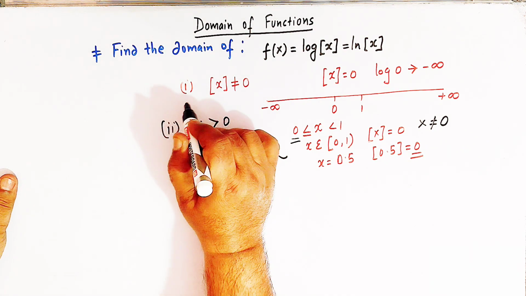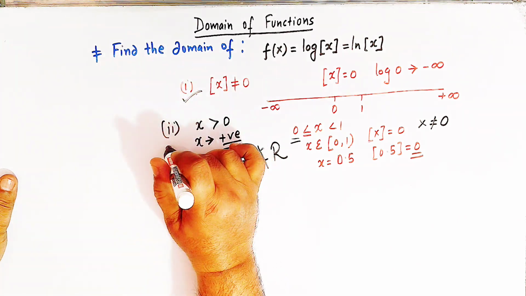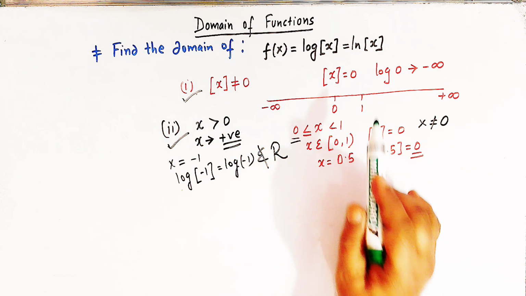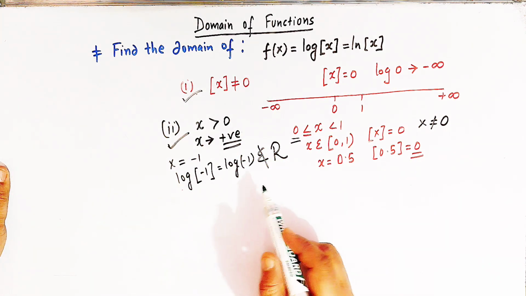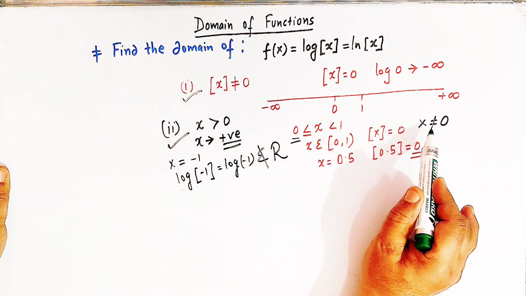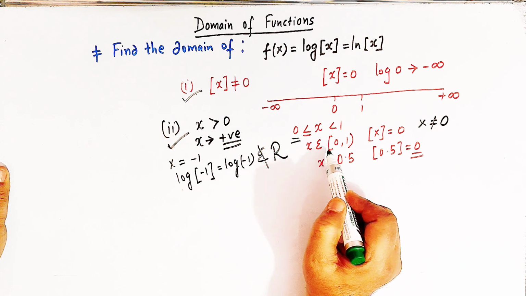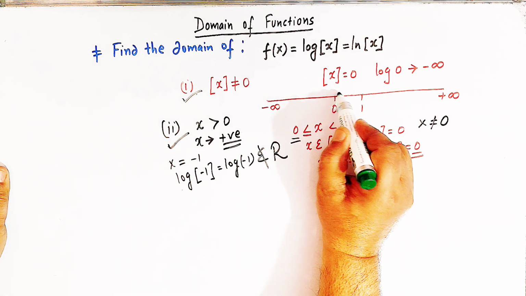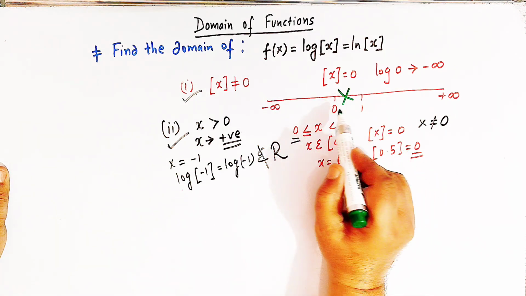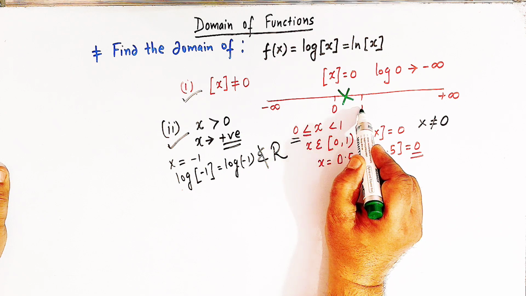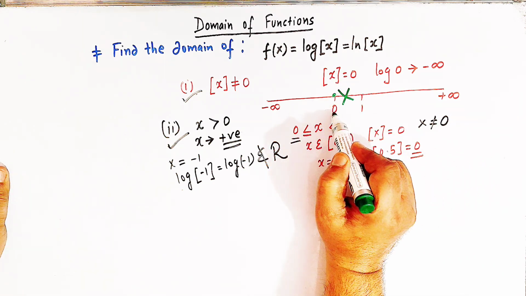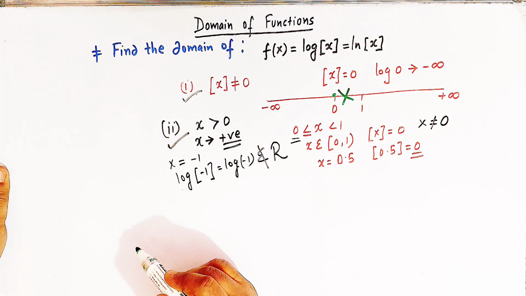Now using these two important points, we can easily arrive at the domain of the natural log of the greatest integer of x, right? In the first case, we said that x should not belong to the interval 0 to 1, so we have to discard this interval, and x equal to 0 also we can eliminate, right?